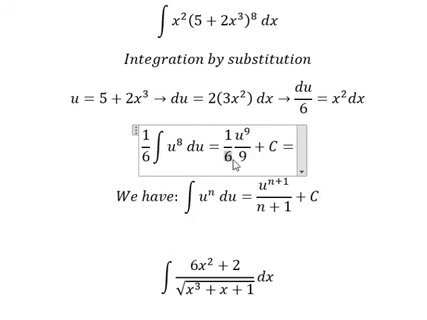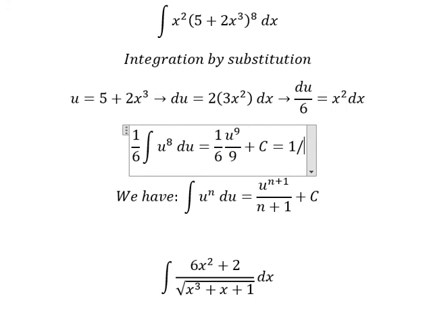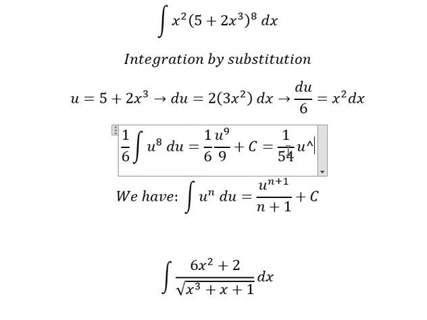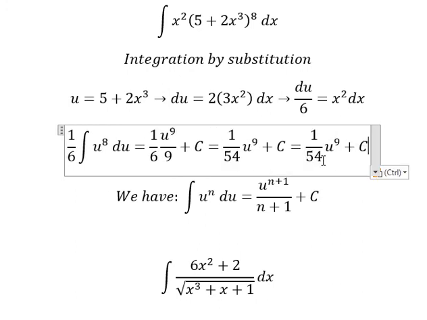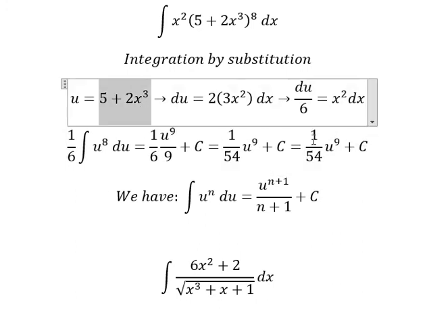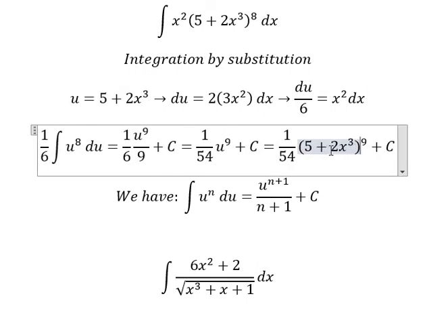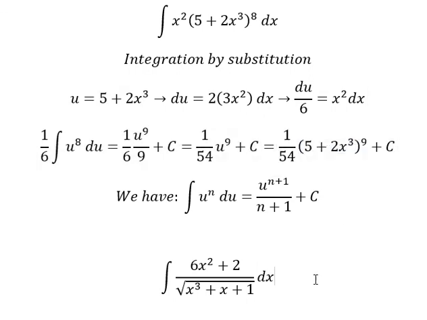So number 6 and number 9, we have 1 over 54. About u, that is this one. And this is the final answer.